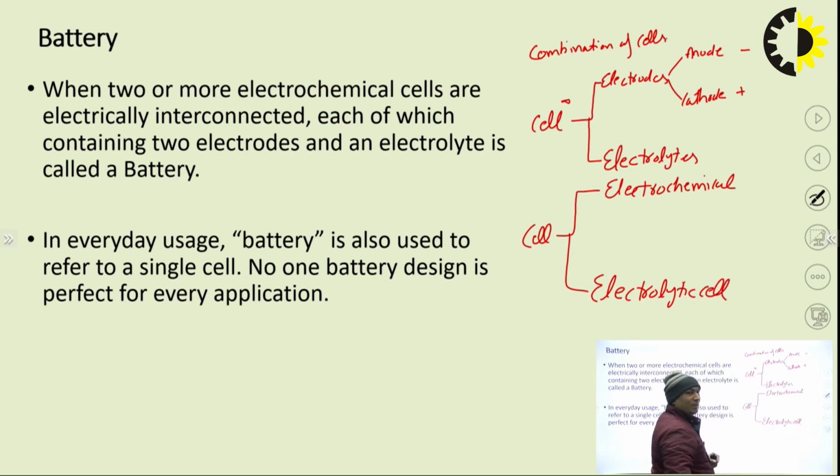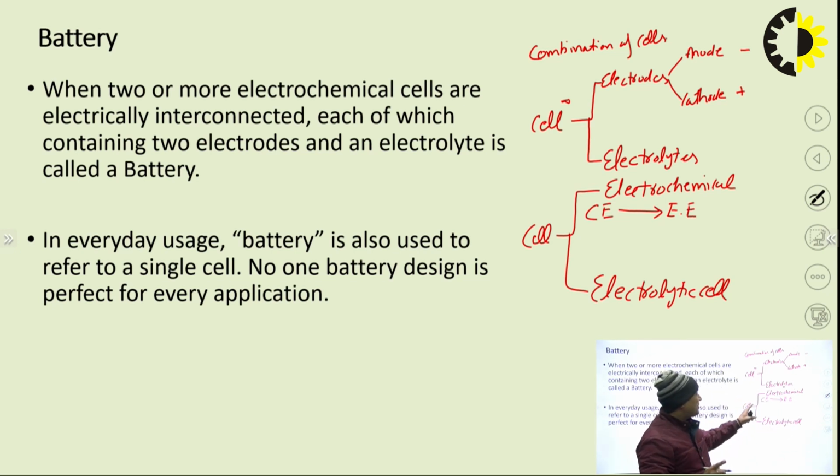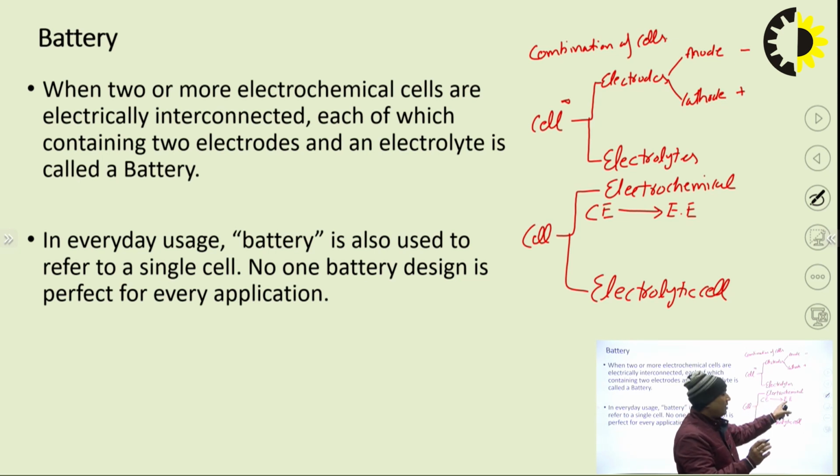Here, one thing I would like to add is that in the electrochemical cell, the conversion of chemical energy into electrical energy occurs. So in those cells, some chemical reaction is going on, and by the chemical reaction, the output is electrical energy.